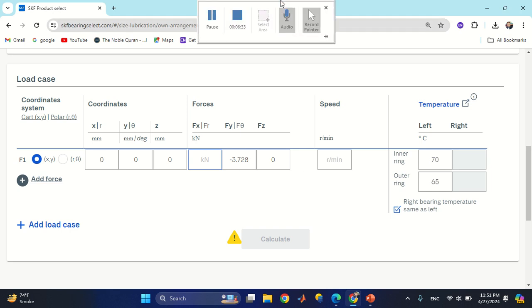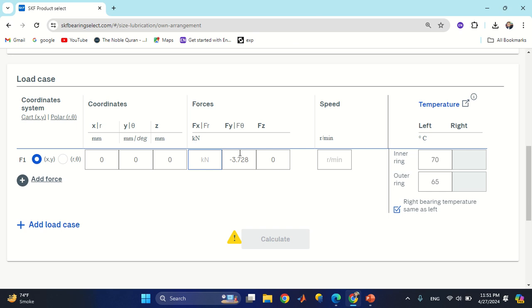In this way, I am putting my value in the positive sense, and here it is. This is F1T, which is 8 kilonewton.